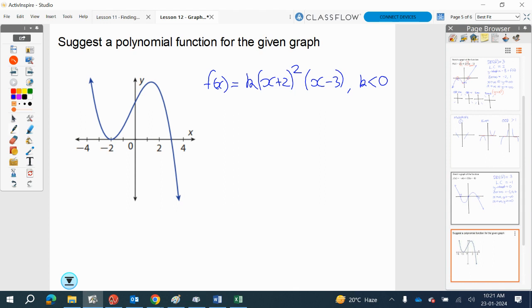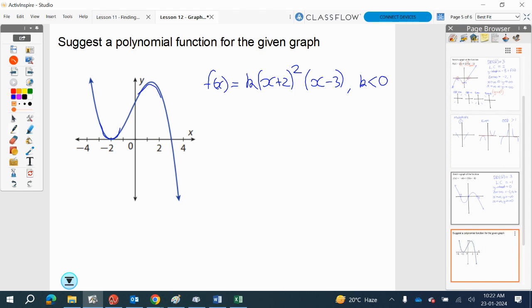Not quite the same, you'd start to notice. I can see how even this curvature and this curvature is the same, so I do know that this one's a third degree function. If it was a 4 here, the curvature here would be bigger than the curvature there. But I wouldn't mark it wrong with a 4.